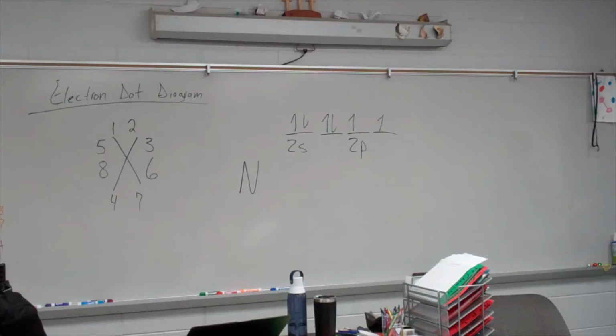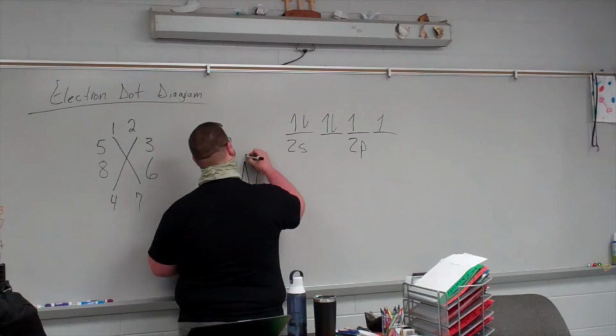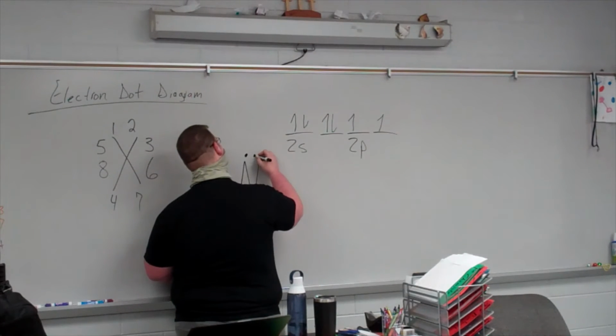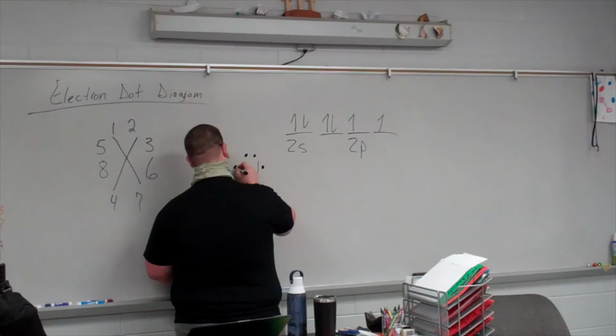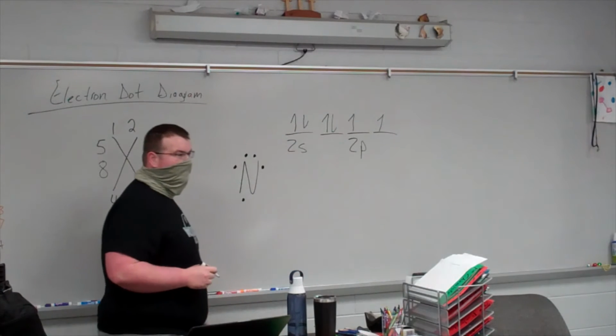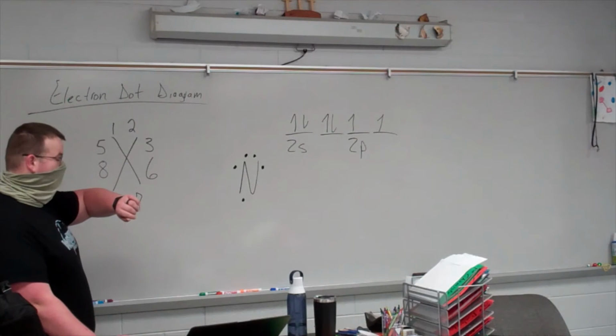Wow. How do you know it's 5? Because it's in the 15th column. So 1, 2, 3, 4, 5. Done. That's it.